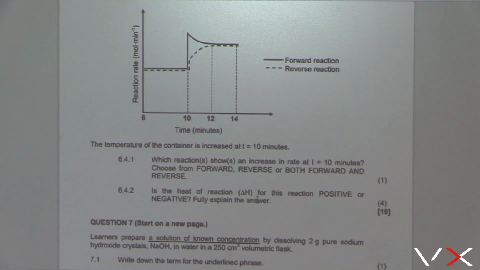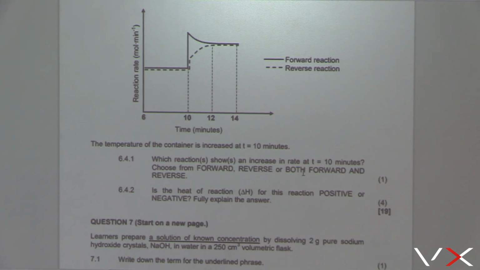Is the heat of the reaction, delta H, positive or negative? Fully explain the answer. It is positive because the forward is endothermic and increases more than the reverse, whilst the reverse is exothermic.